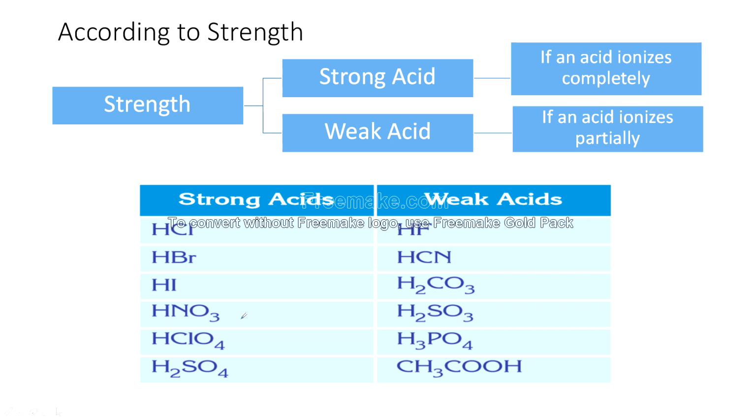But if we try the same for acetic acid, we end up having the hydrogen ion, but then we remain with the CH3COO molecule. So it means that it didn't dissociate completely. And the same happens to those acids.